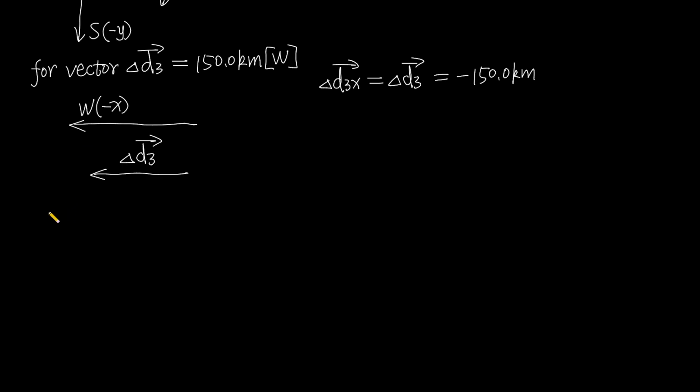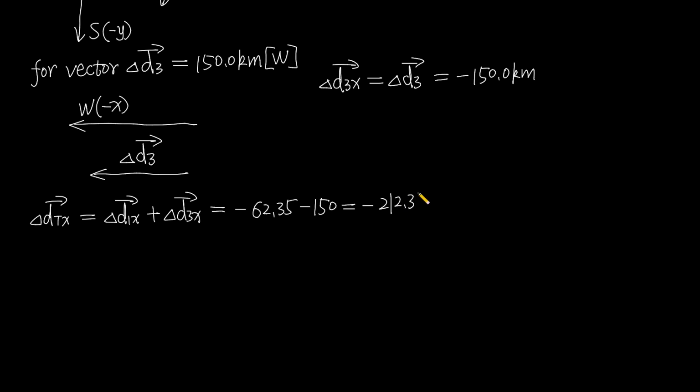Now we can get the vector delta DTx just equals the vector delta D1x plus the vector delta D3x, and this equals negative 62.35 plus negative 150, and equals negative 212.35 kilometers.